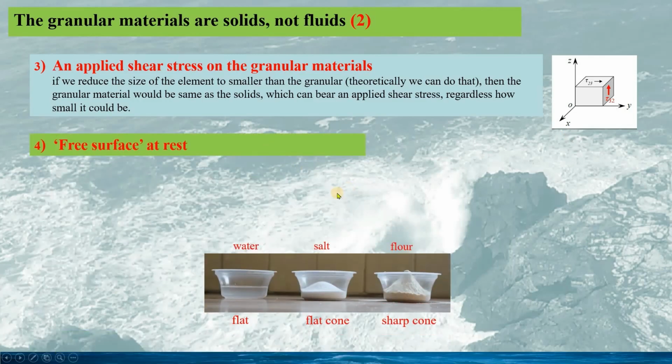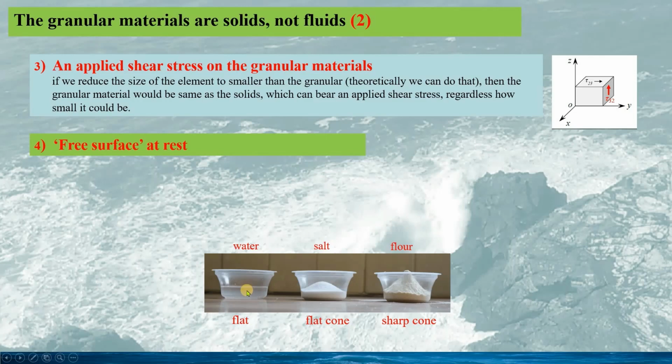The last factor would be the free surface at rest, as we see in these three cups from the experiment I showed earlier in this talk. For different materials, water, salt, and flour, from the experiment, the materials flow into the container from the top. We can see the free surfaces are very different.